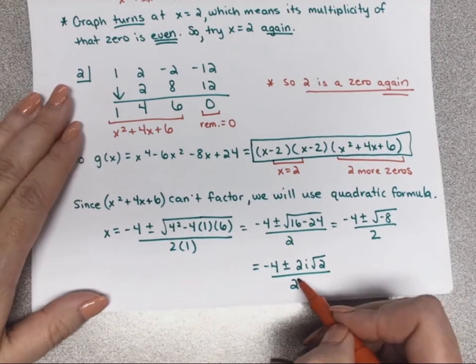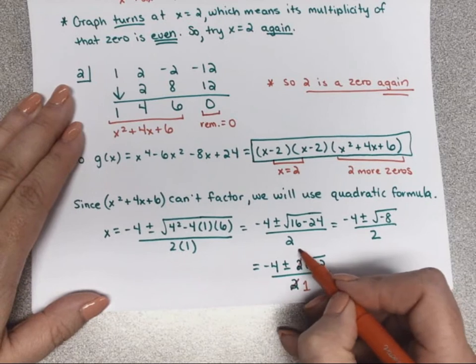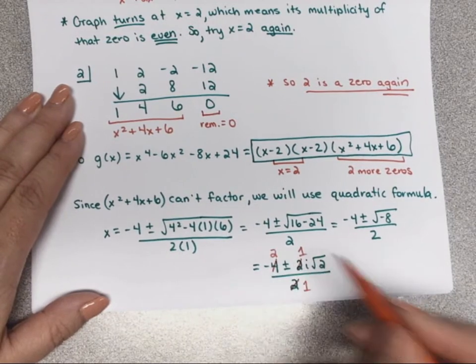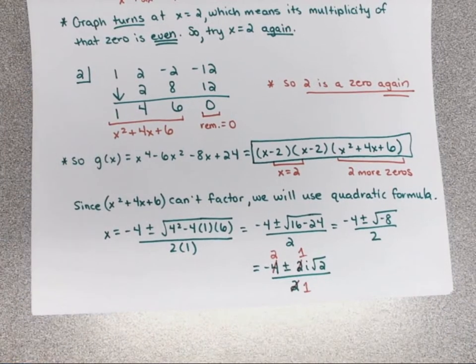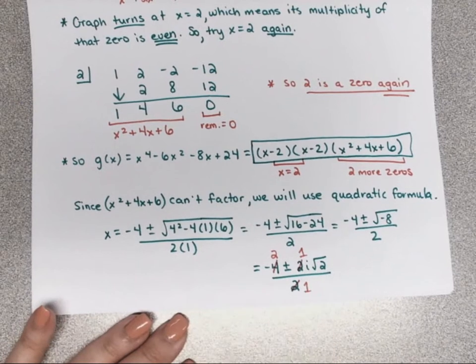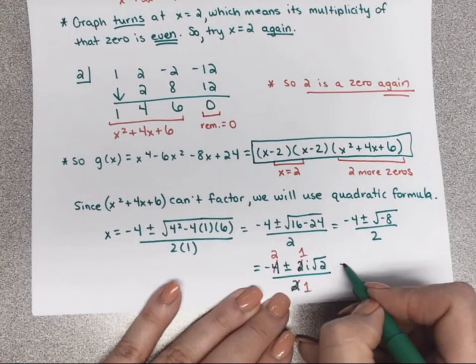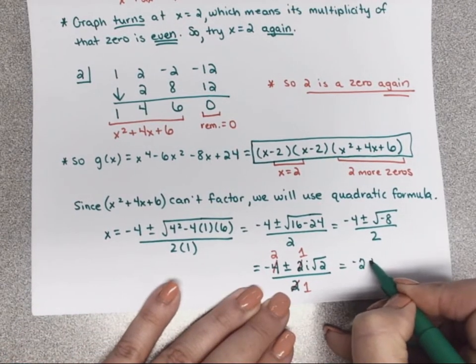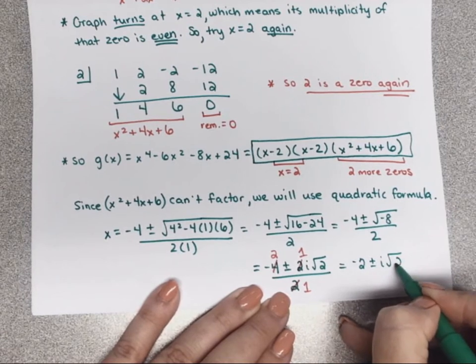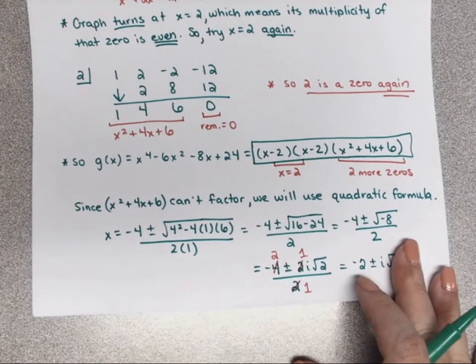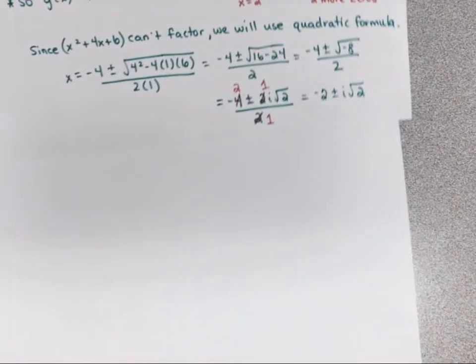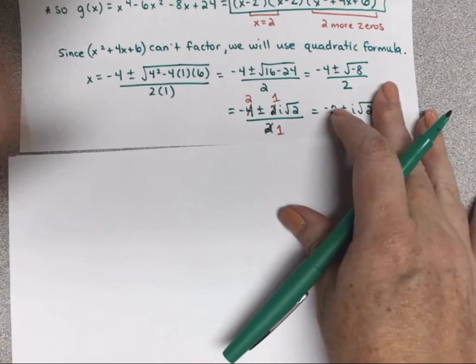And then kind of like the last one, we can cancel a 2 out of all 3 parts. Remember that you never, ever, ever cancel any number out from under the square root. You can't do that. Okay, so we end up with negative 2 plus or minus i square root of 2. Very strange answer, right?